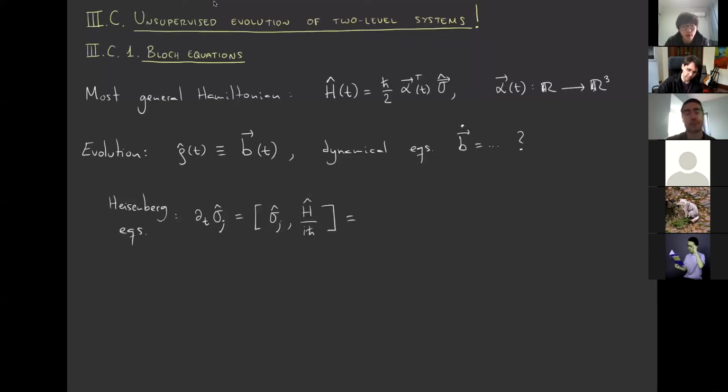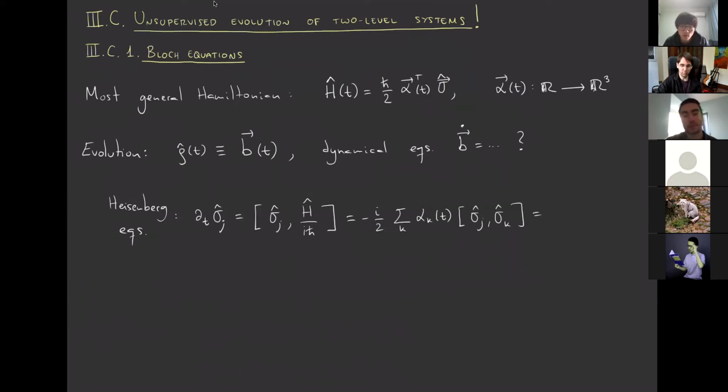But we know what is the form of the Hamiltonian, so we have it here. This automatically means that we have minus i over 2, then sum over k, alpha k that depends on time, and then the commutator between sigma j and sigma k.